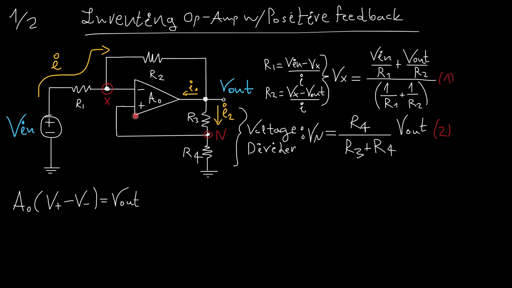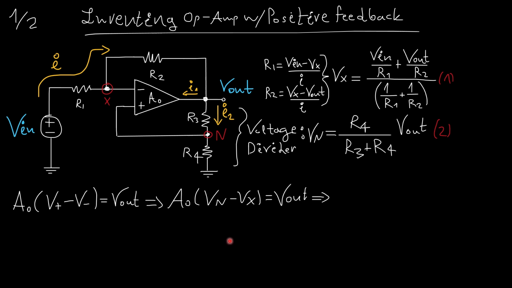I have a negative feedback configuration. I also have something strange here, but I don't pay attention to it. And I'm not sure if I'm going to say that Vx must be equal to Vn, all right? Because this would be true in a negative feedback configuration. But now I'm not sure what's going to happen. So I'll write this general equation here and I will see how things go.